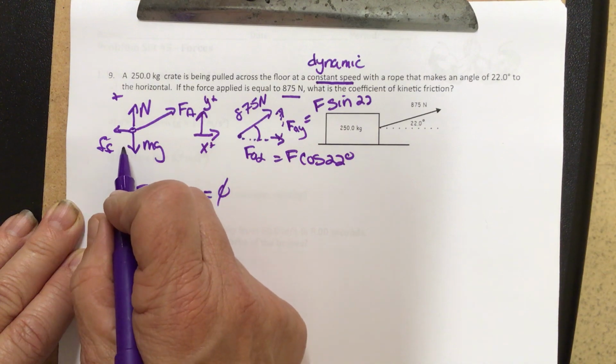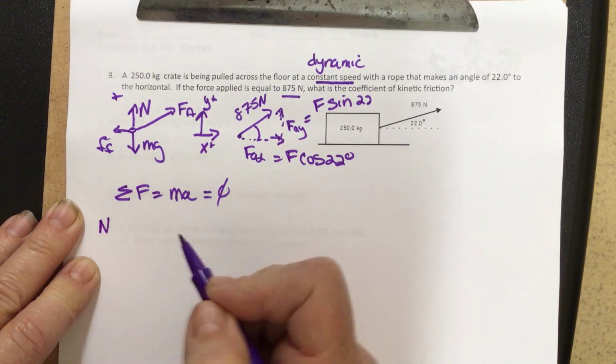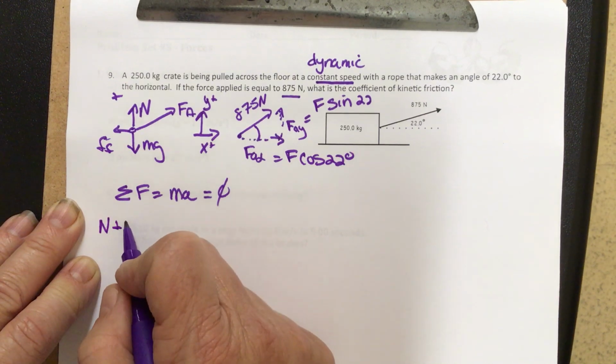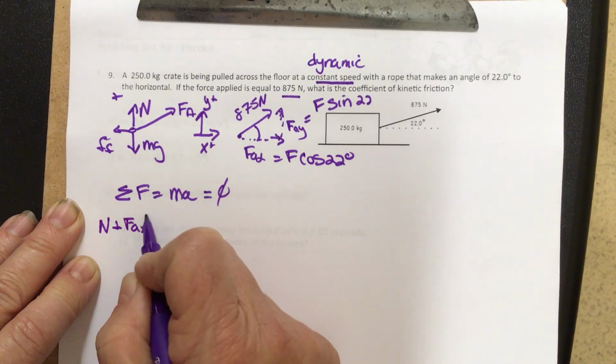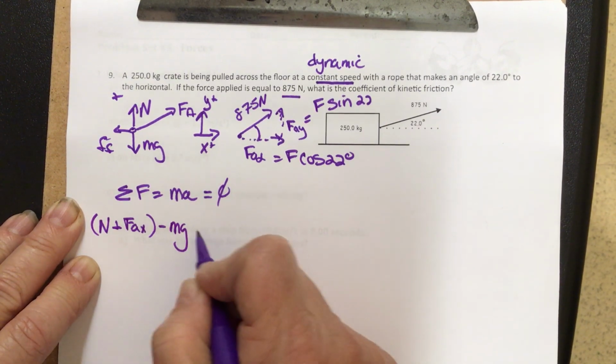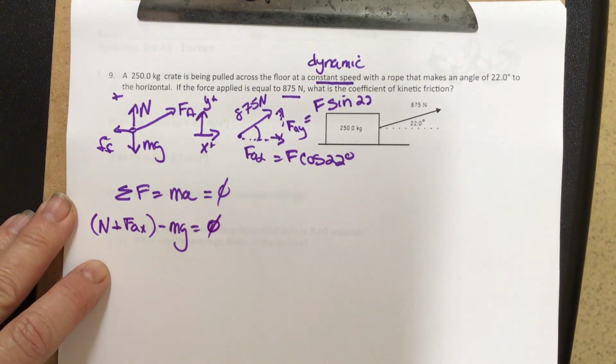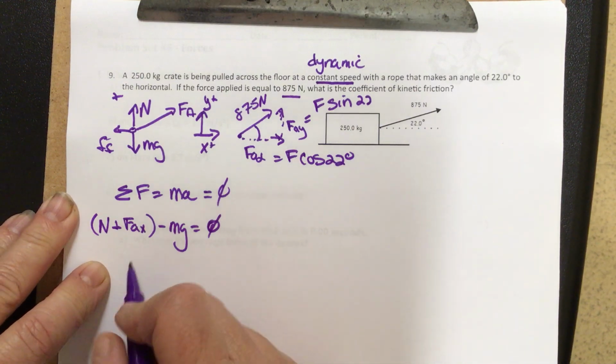So what forces do I have? Well, in the positive direction, I have the normal force plus the force applied in the y direction. And in the negative direction, I have the weight. And that's equal to 0. And we need to actually rearrange to solve for normal force because we need to know normal force if we're going to talk about friction.